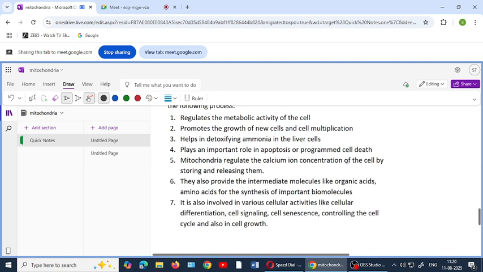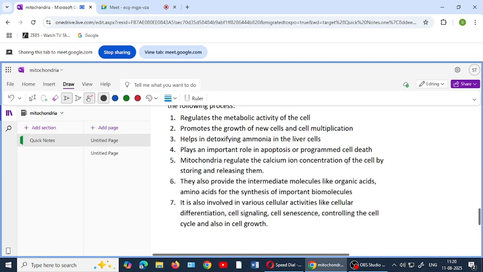So the metabolic activity of cell is regulated by mitochondria. Why? Because mitochondria are the main source of energy. So they have a major role in cell's activity.